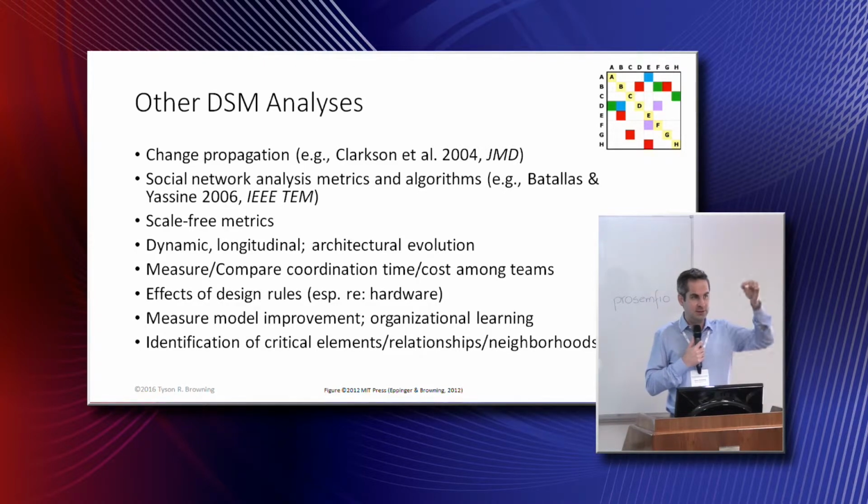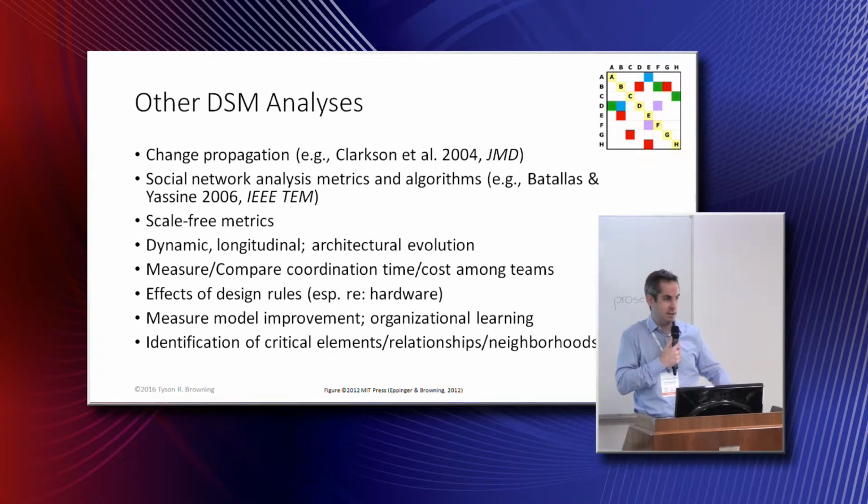If you proceed to calculate metrics about the product, like amount of modularity, the answer you get from the 10 by 10 DSM is often very different than the answer you get from the 100 by 100 DSM. So is there such a thing as a modularity metric where you would get the same answer regardless of the scale you went to with the model?